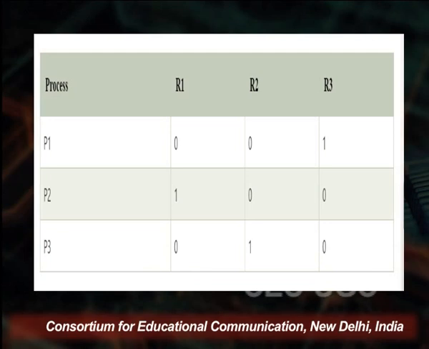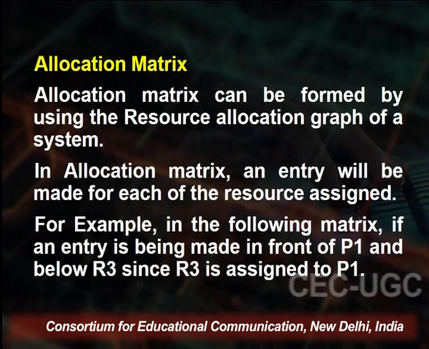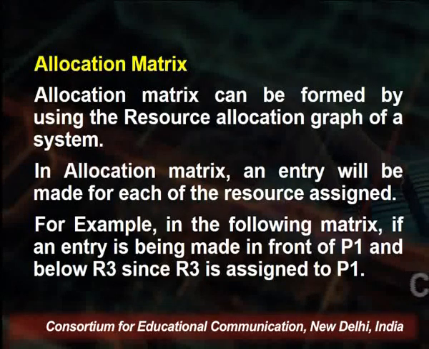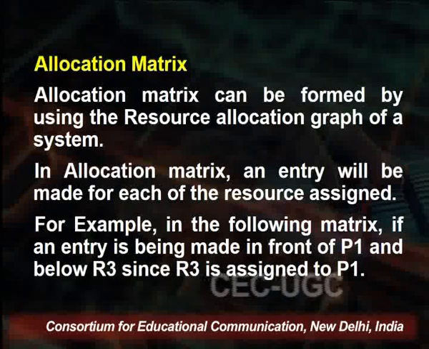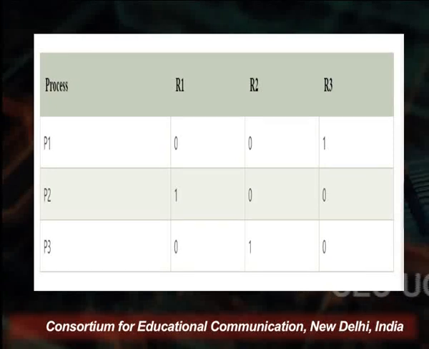So with the presence of the digit 1, we show the allocation of that particular resource to the process. In the following matrix, an entry is made in front of P1 and R3, so R3 is assigned to P1, and we have also seen this whole matrix as a complete entity.